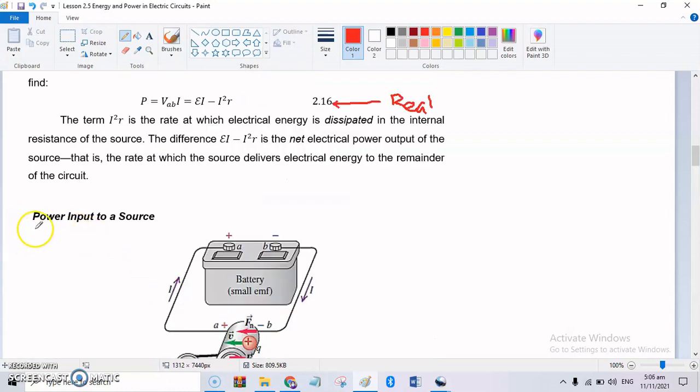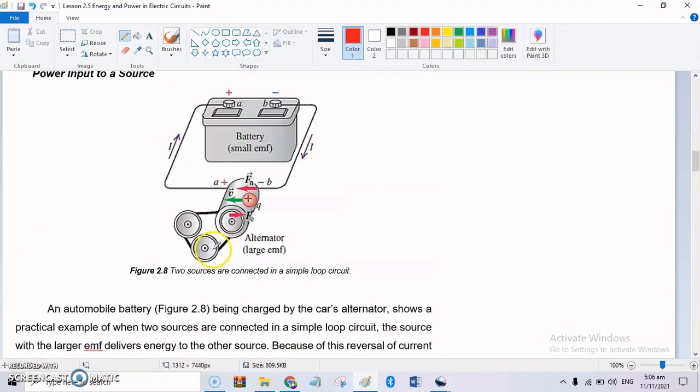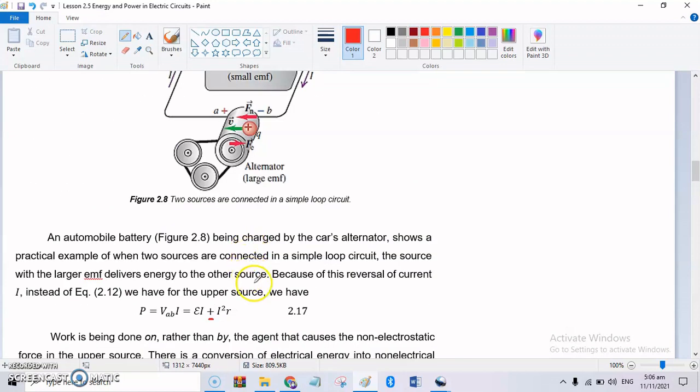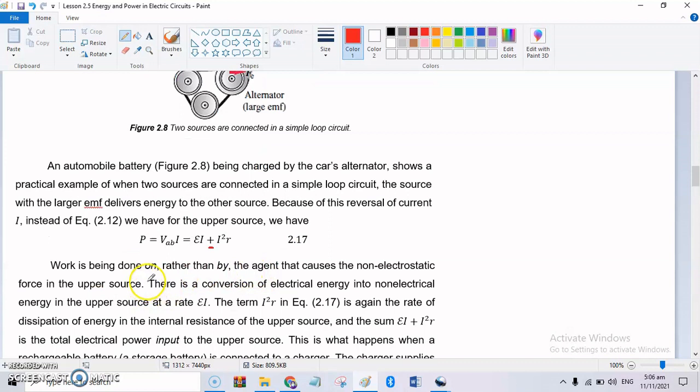When we have power input, remember that, power input, it becomes positive. In power output, it's negative. Work is being done on, rather by, the agent that causes the non-electrostatic force in the upper source.